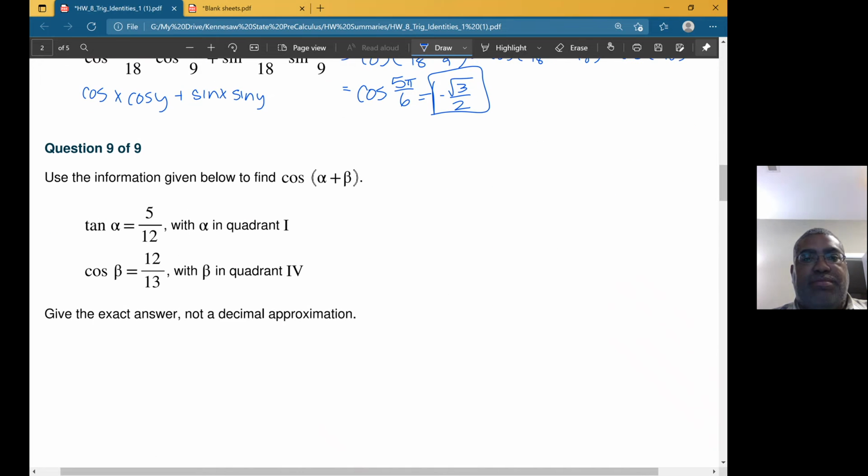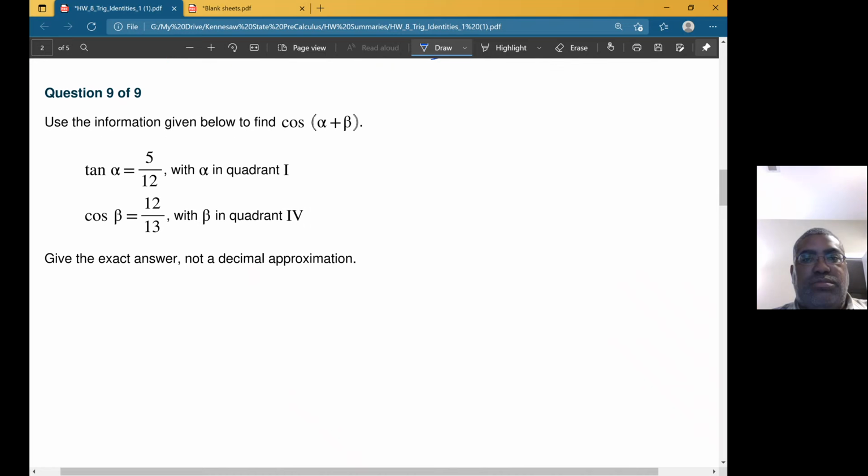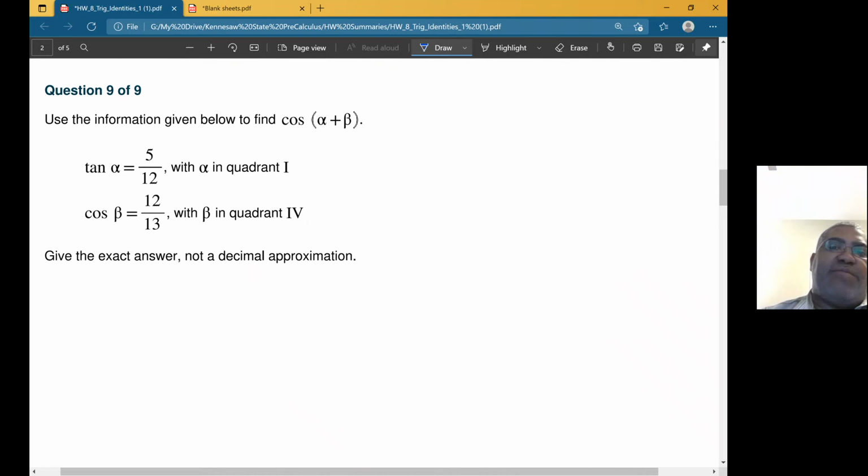All right, last problem. Use the information given below to find the cosine of alpha plus beta, Greek letters. Tangent of alpha is 5 over 12 with alpha in quadrant 1.